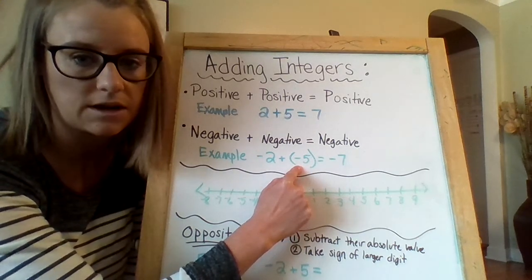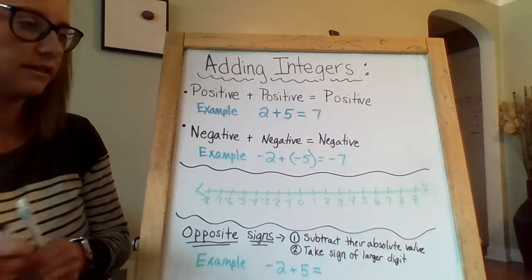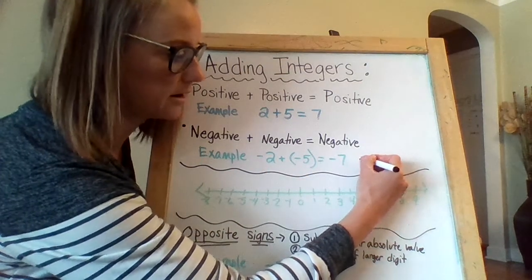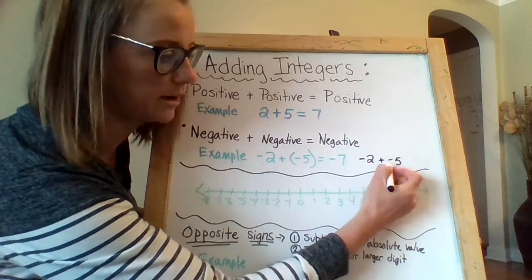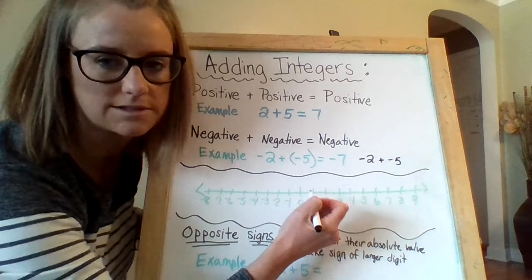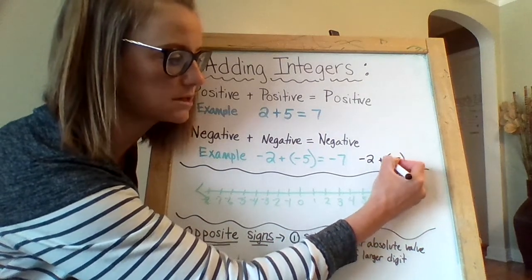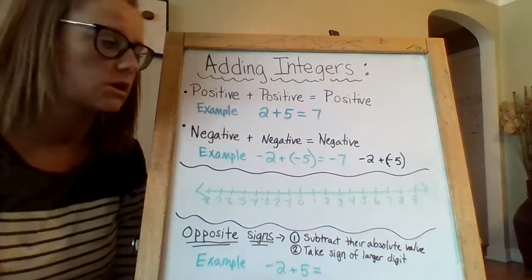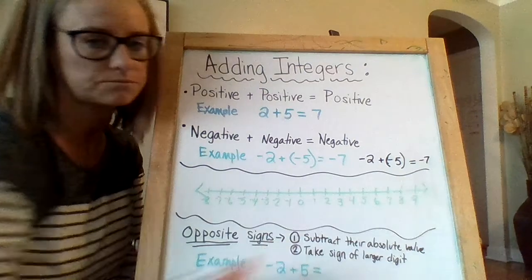I did that because you don't want to have something looking like this: a negative 2 plus a negative 5. Look at how many signs there are. So if you have two signs in a row like that, just make sure you put them in parentheses so it doesn't get too confusing. So negative 2 plus a negative 5 equals negative 7.